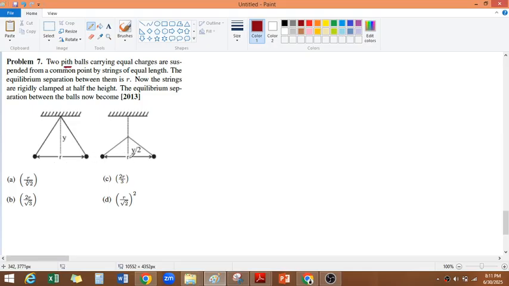Actually it's a printing error. If this is R, this cannot be R, right? So it's a printing error, it's actually d here. So they are supposed to find the d.